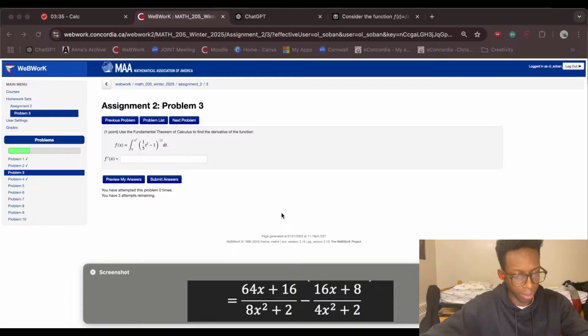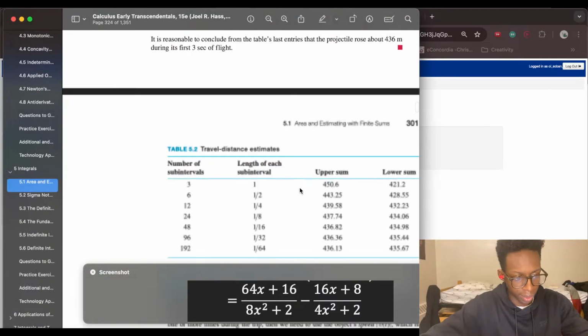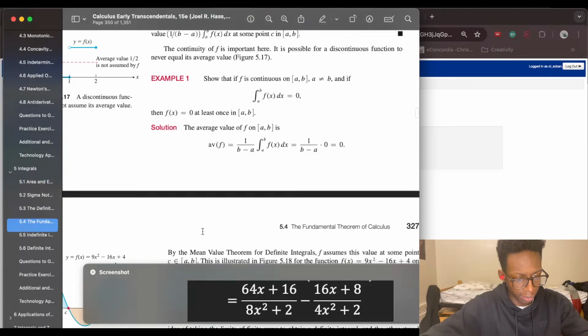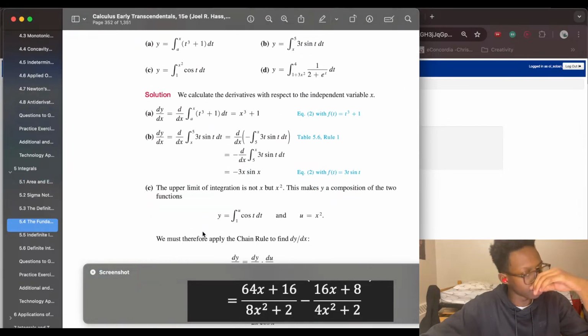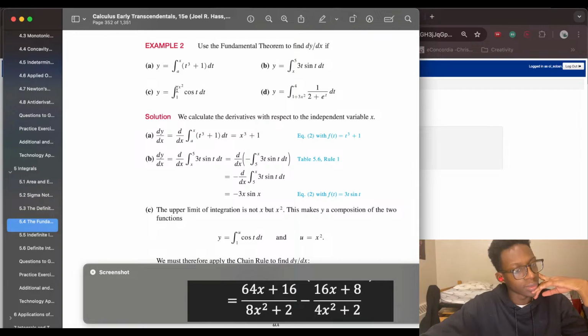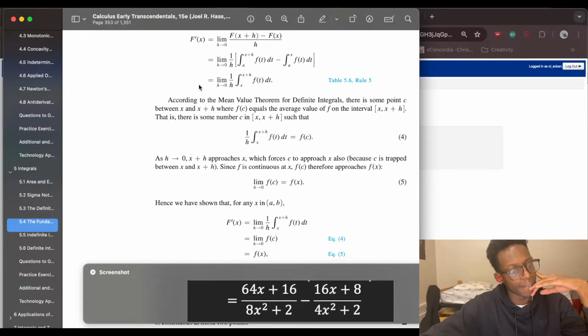No, stop showing up, you Notion nonsense. So let's go back over here. 5.4, the fundamental theorem. So you've got x squared, so x squared, and so on. Then what we're going to do is move that one up.